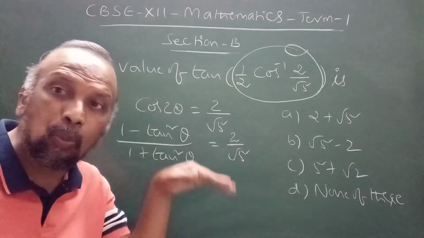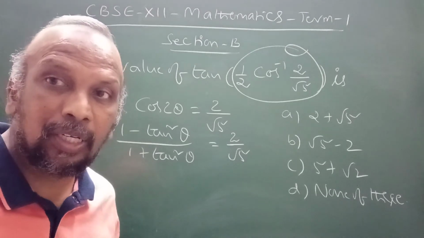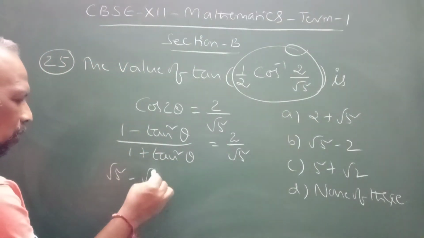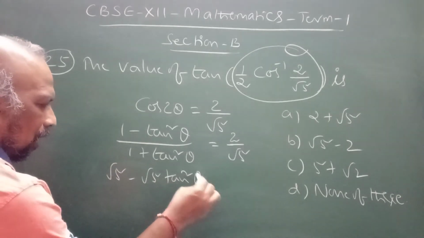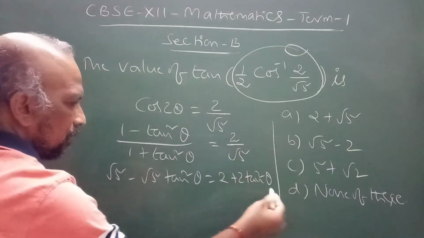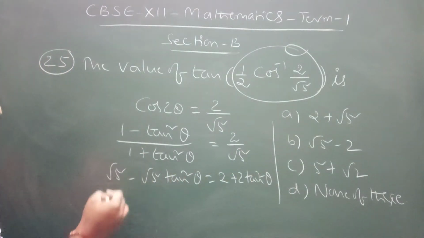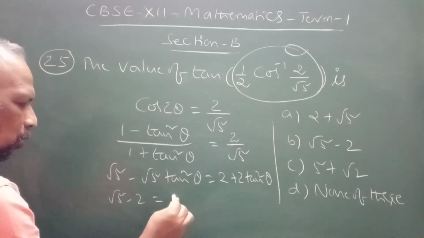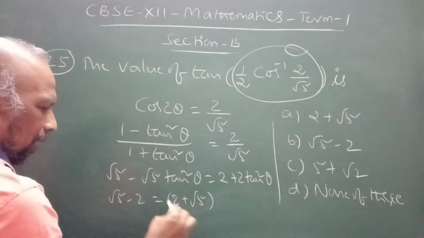You can do cross multiplication. Root 5 minus root 5 tan square theta equal to 2 plus 2 tan square theta. You can transfer one side. You get root 5 minus 2 equal to 2 plus root 5 into tan square theta.